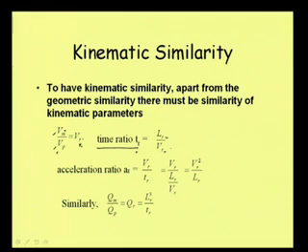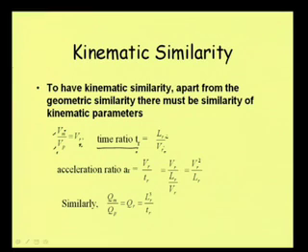That means if we are making a model which is kinematically similar, suppose we are trying to find how much distance the water will be flowing, and we are conducting the experiment in a model and finding the time requirement, then the time required in the model will not be the same as in the prototype. So, we need to know that if this is the time required in the model, how much time will be required in the prototype.